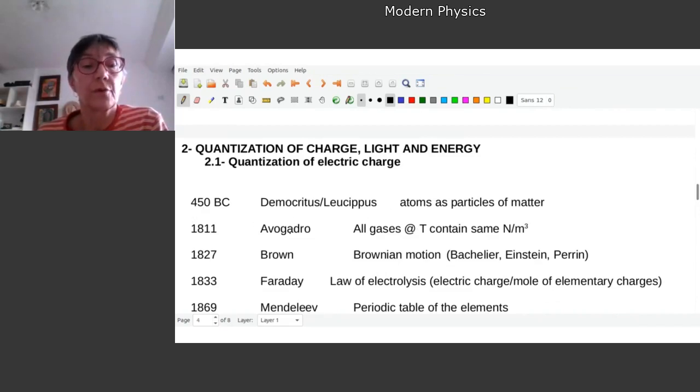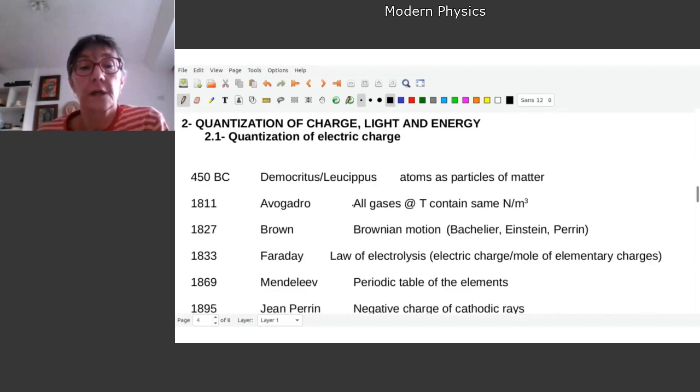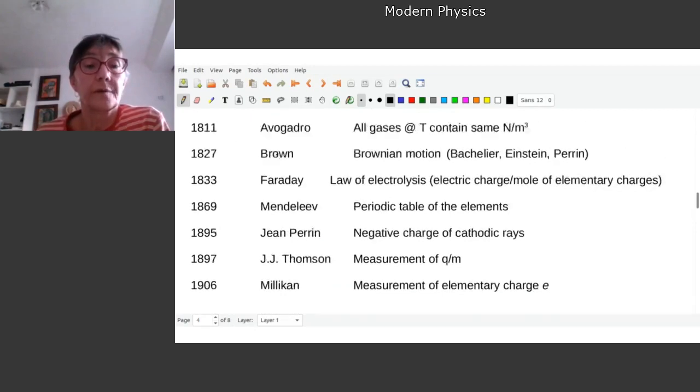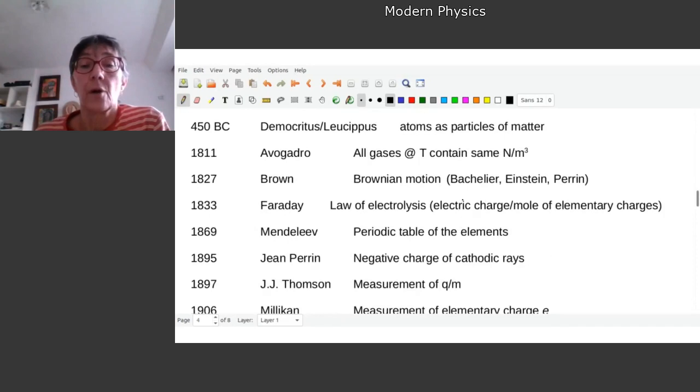So this is quite old, 450 before Christ, Democritus, but without any experimental evidence, obviously. So we have some timeline here of all the discoveries which are important in this quantization of matter and of charge, okay.